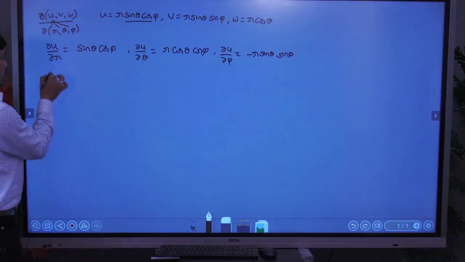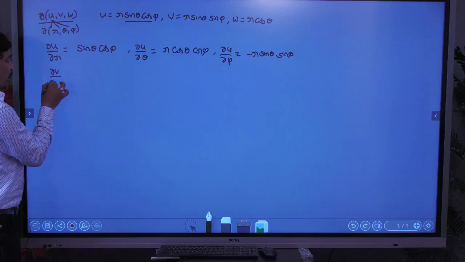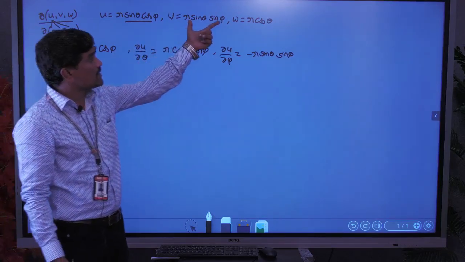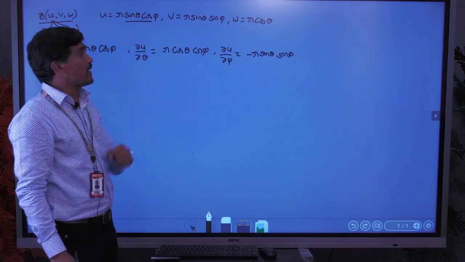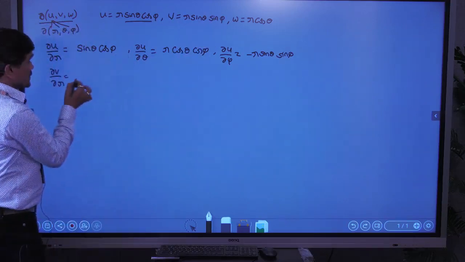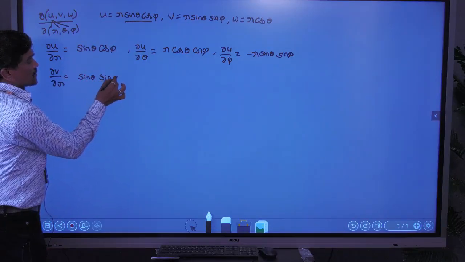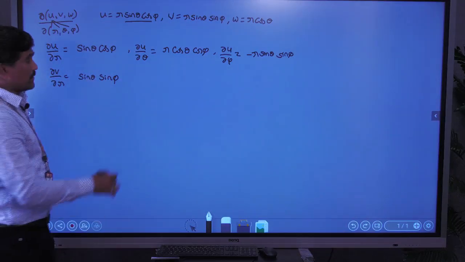Next take v, ∂v/∂r, right? V with respect to r. The function v is r sin θ sin φ. Here sin θ sin φ is constant, so the derivative of r is 1.